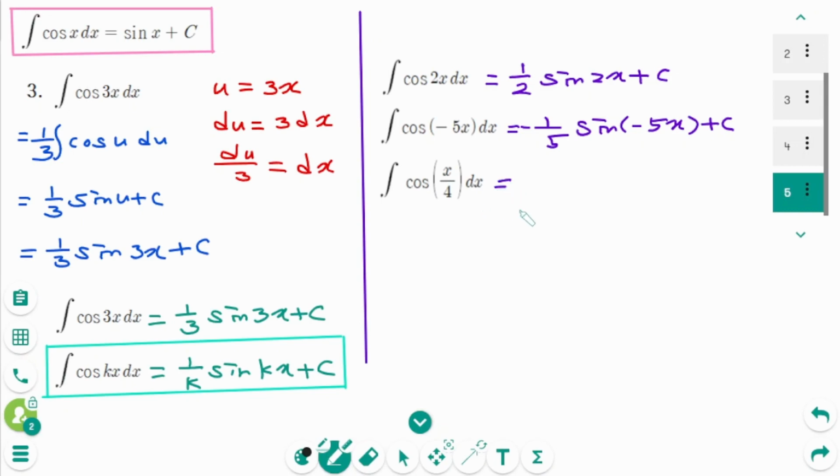The last one, 1 over 4, then sine 1 over 4 x plus c. The 1 over 4 is just an upside-down number, which is 4 over 1. So 4 sine 1 over 4 x plus c.